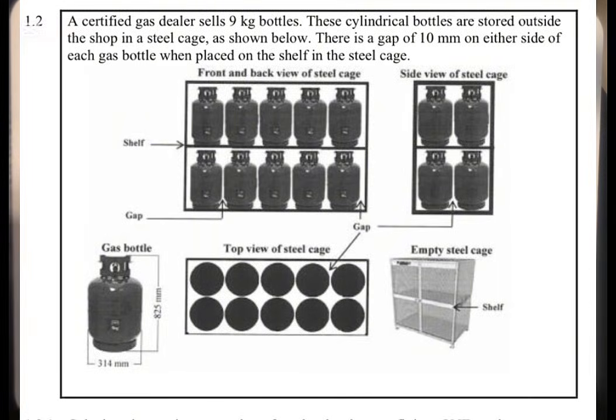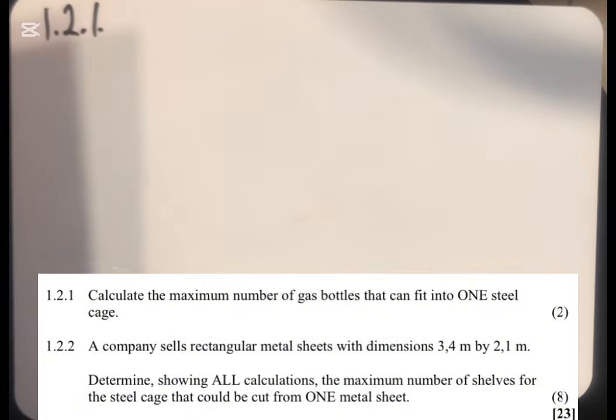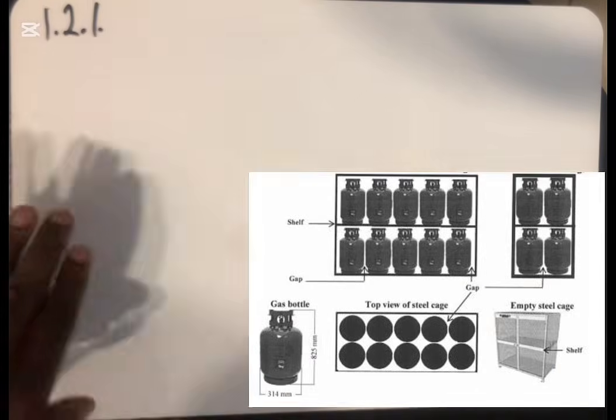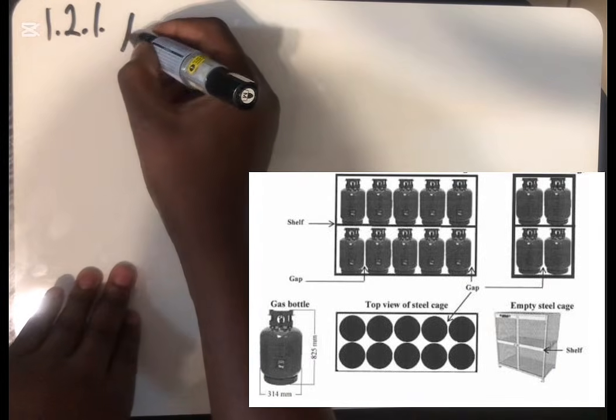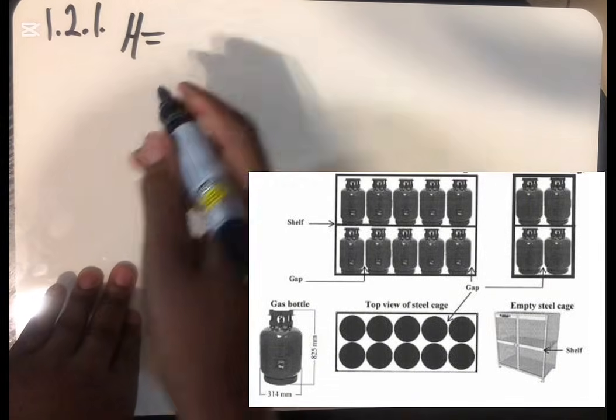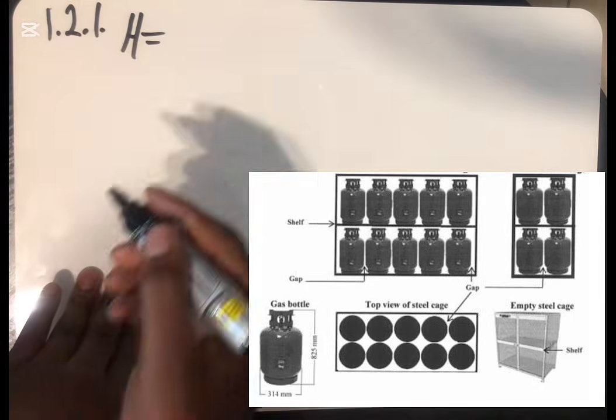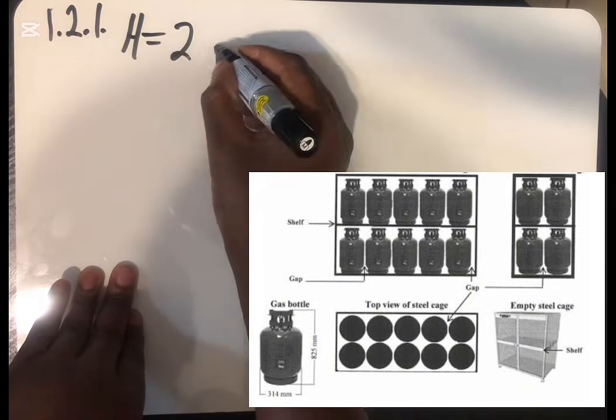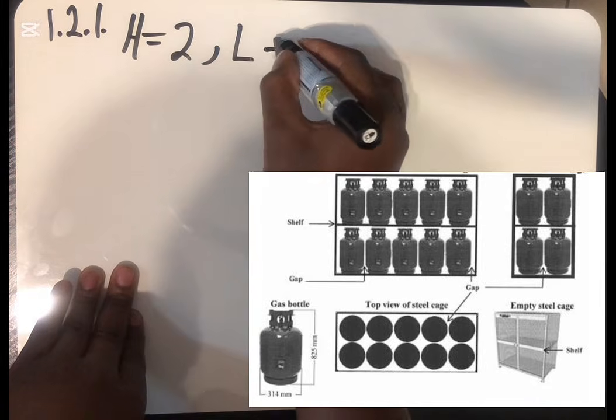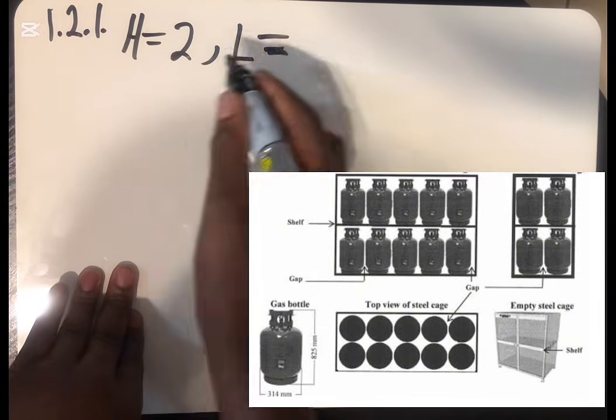Okay, let's look at the first question for 2 marks. It says calculate the maximum number of gas bottles that can fit in one steel cage. What we see here is one steel cage. In terms of the height, we only see 2. The length, let's look at the length.